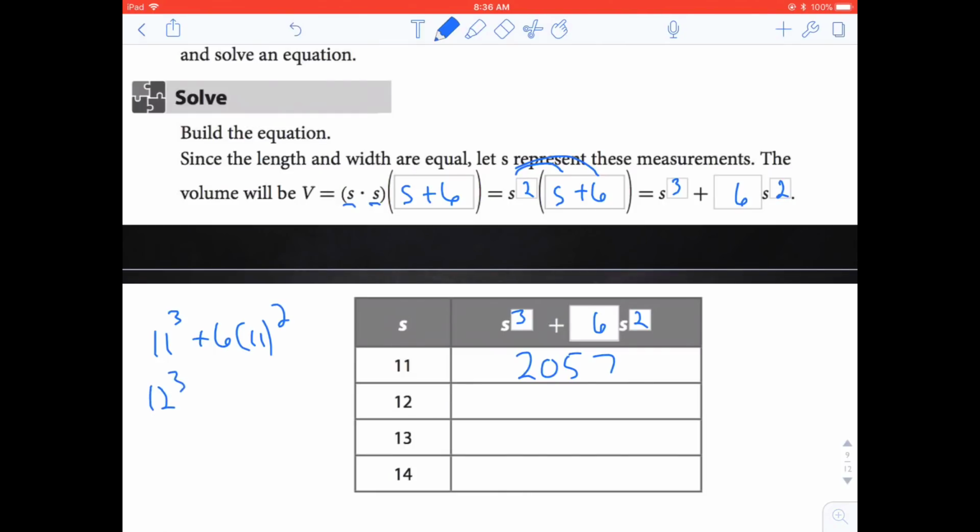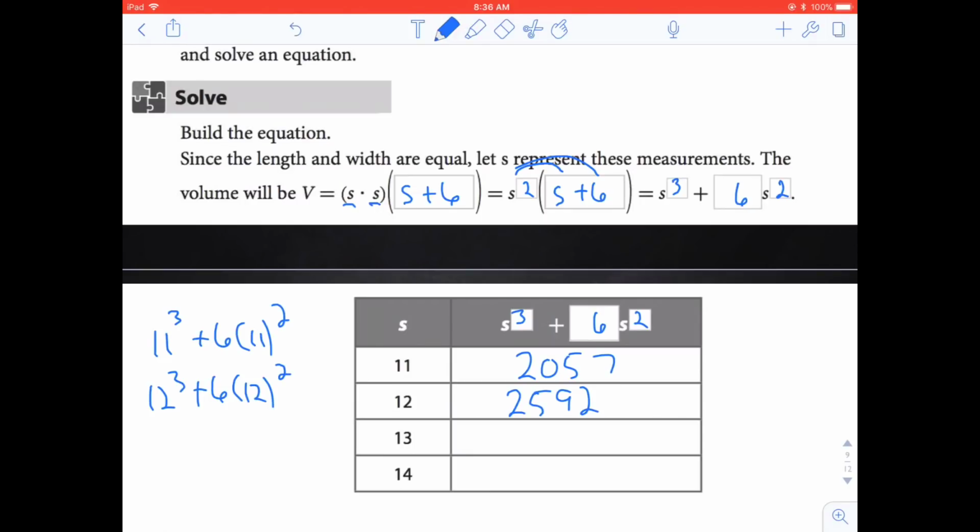And then same thing with the 12. We'll go 12 cubed plus 6 times 12 squared. Go and punch that into your calculator, and we get 2,592.